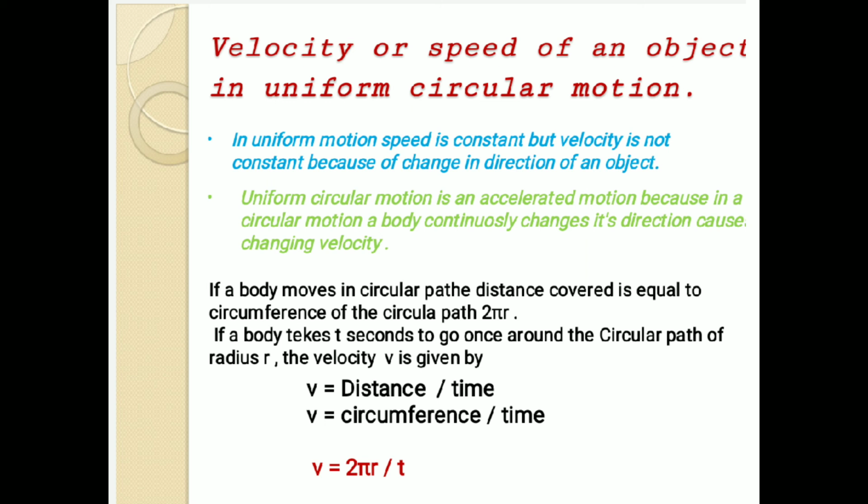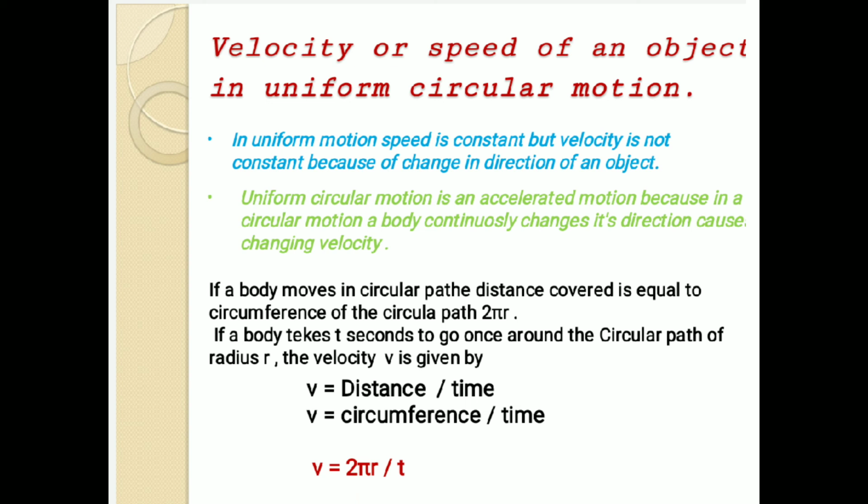Okay, so velocity or speed of an object in uniform circular motion. See what happens in uniform circular motion about velocity and speed. In uniform circular motion, speed is constant, but velocity is not constant. Why? Because in circular motion, each and every point changes the direction.